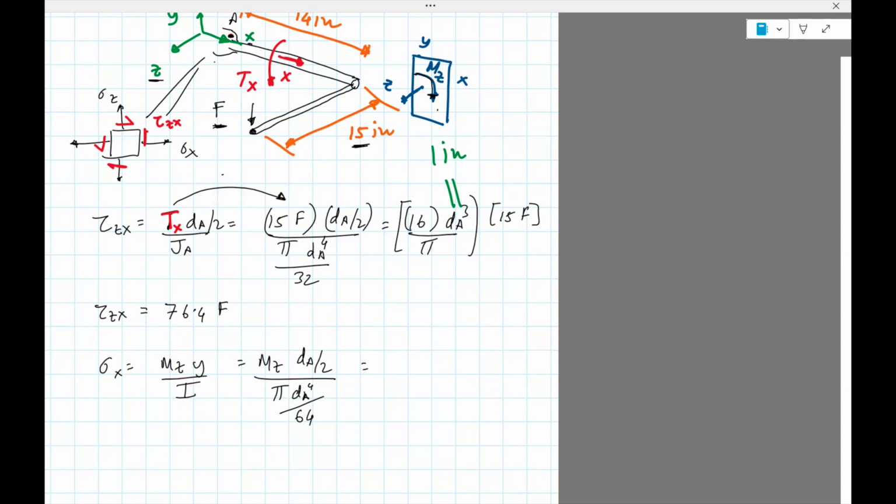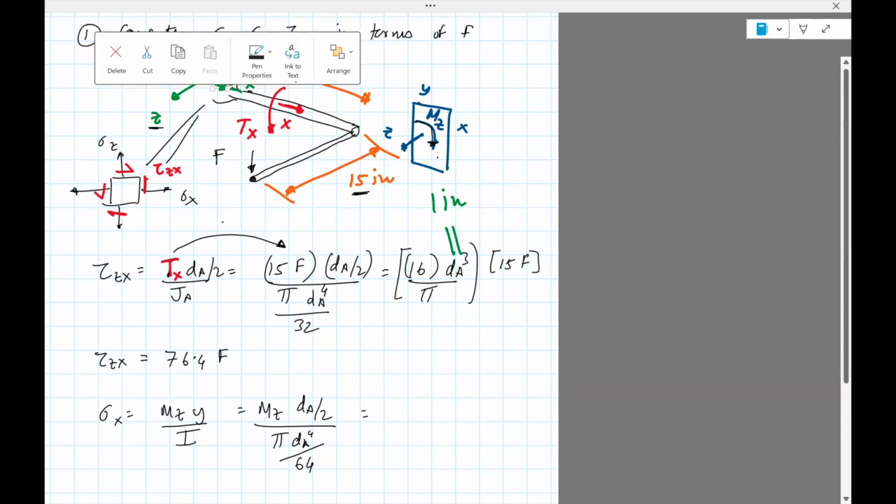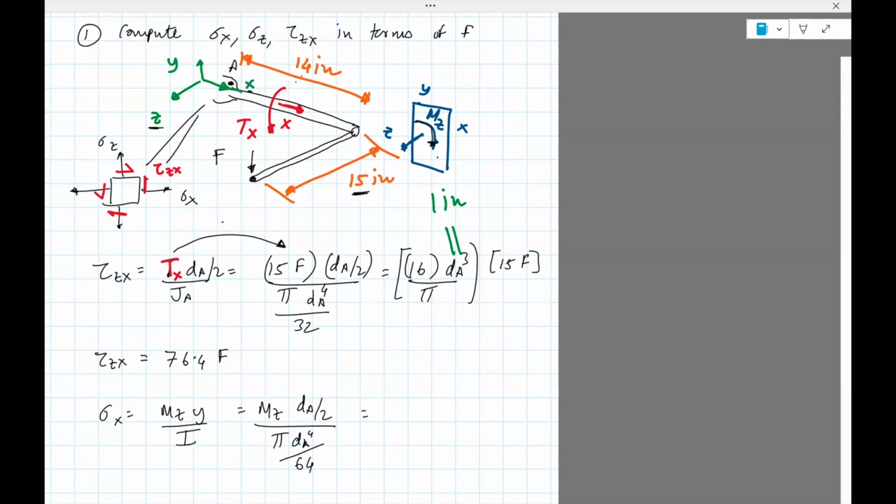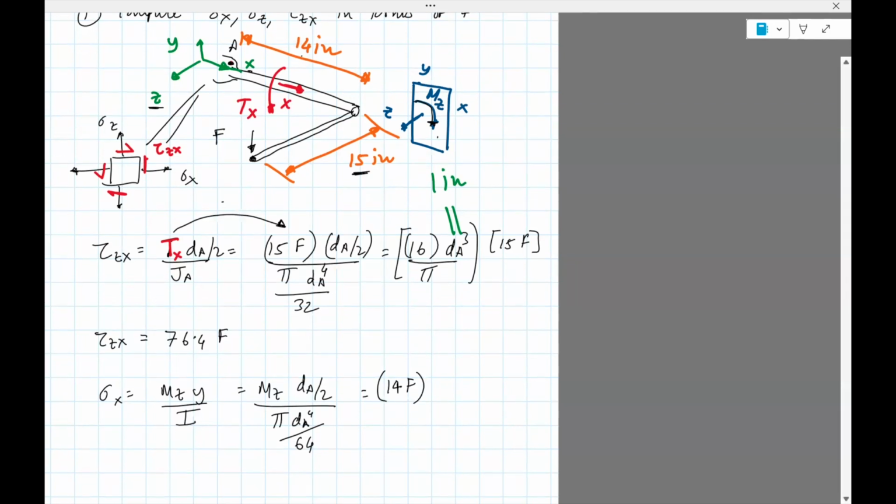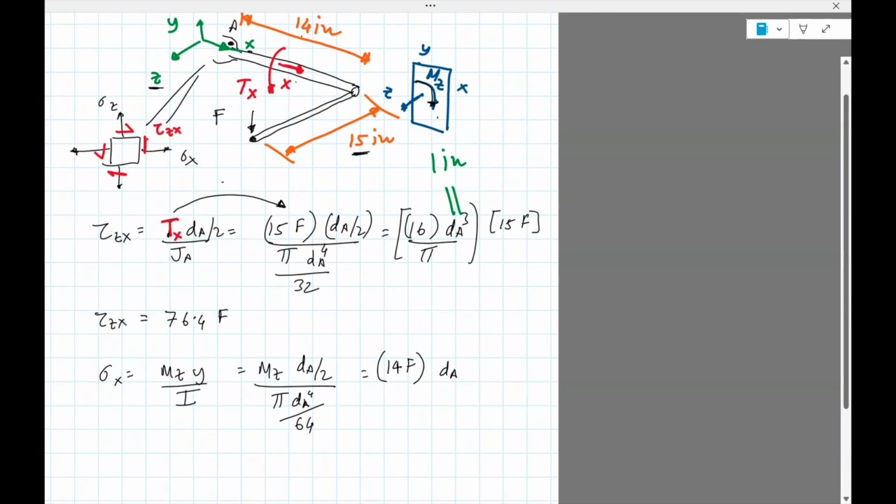So the moment Mz is what? It's F times 14, so 14F dA cube divided by... let's do it this way. We write this as 14F, and I'm going to just move things around so it looks very similar to this expression.